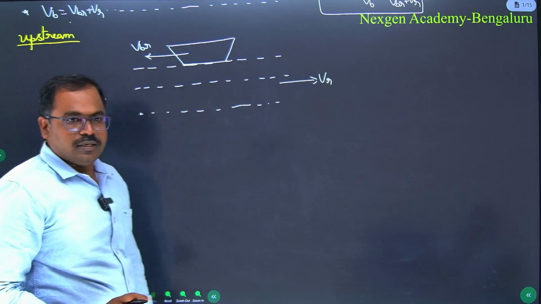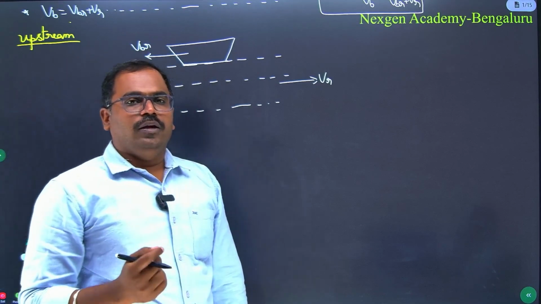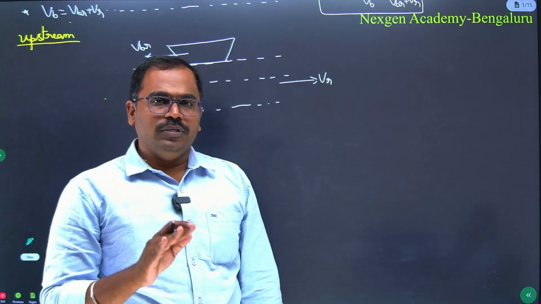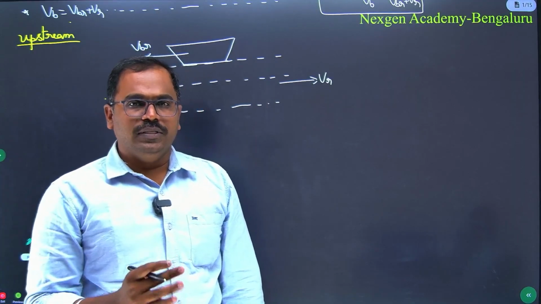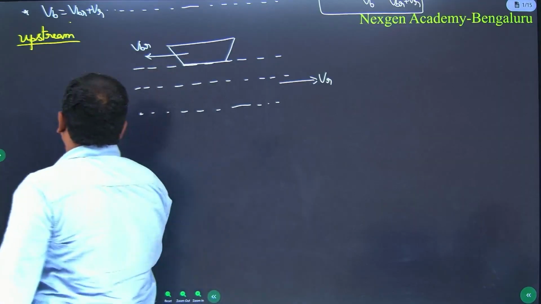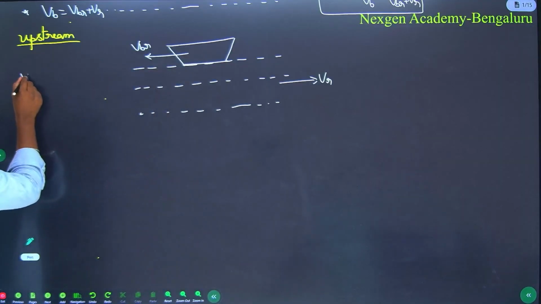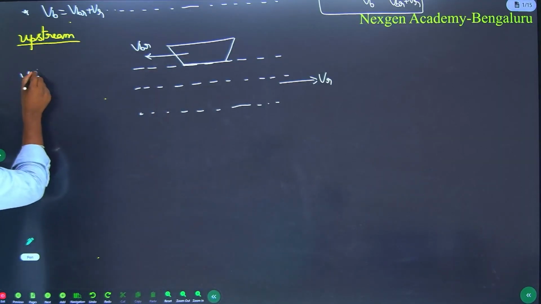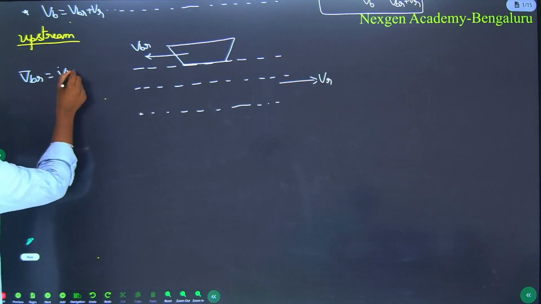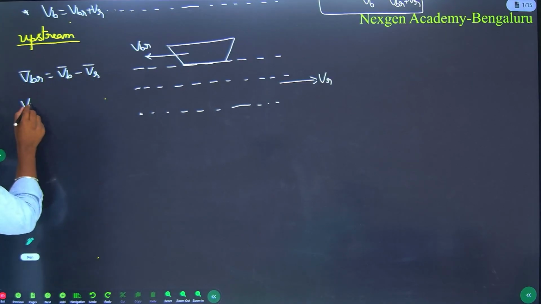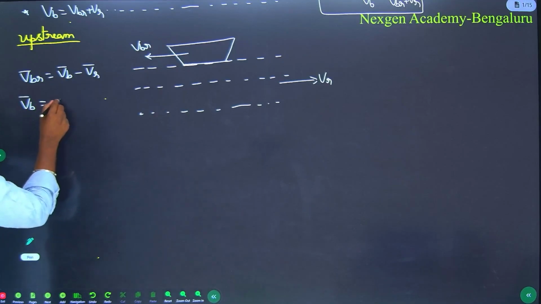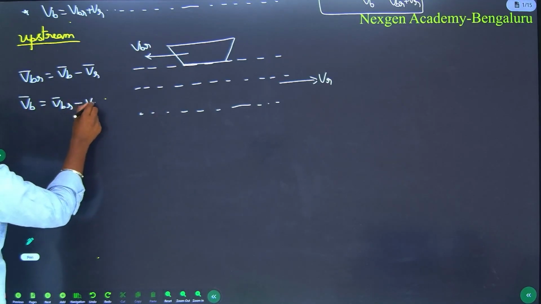Now in this context, we have to take the velocity of the boat as positive and the velocity of the river as negative, because the river is moving in the opposite direction. So VBR is equal to VB minus VR, or we can write VB equal to VBR minus VR.